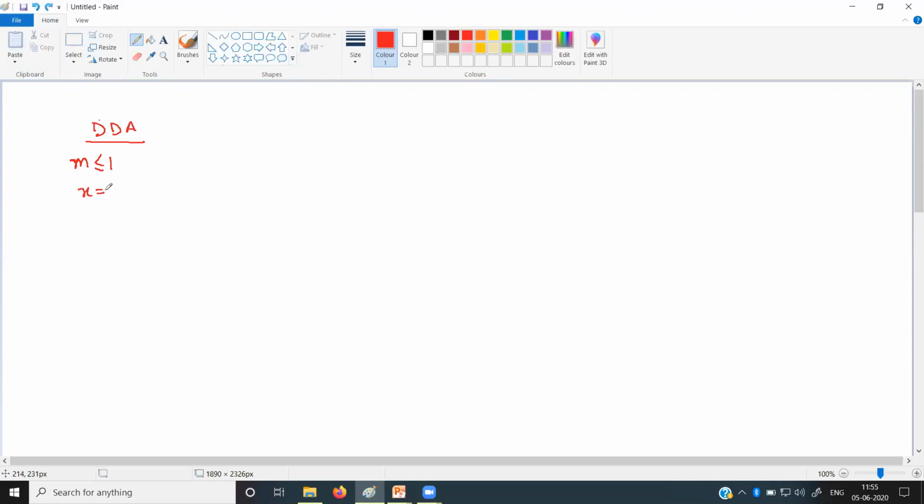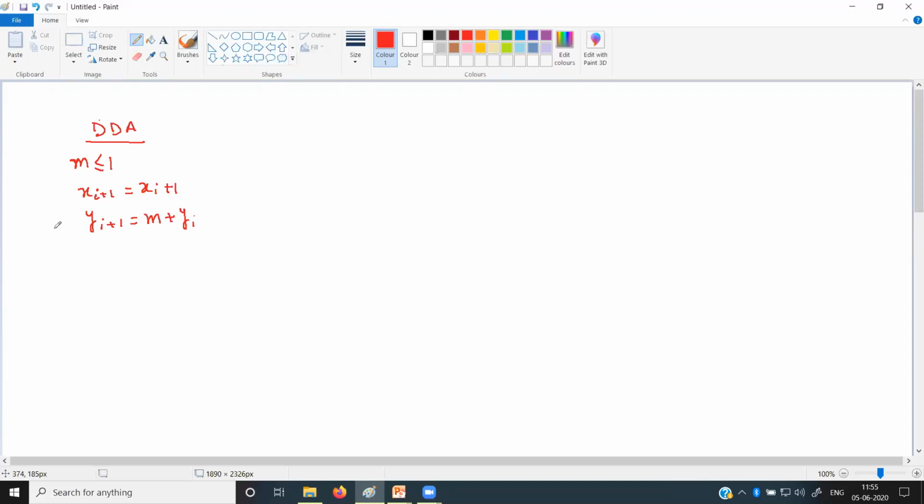Or better, I should write next x. That means x of i plus 1 is equal to xi plus 1, and y of i plus 1 equals m plus yi. So using these two equations, we can compute the value of x.